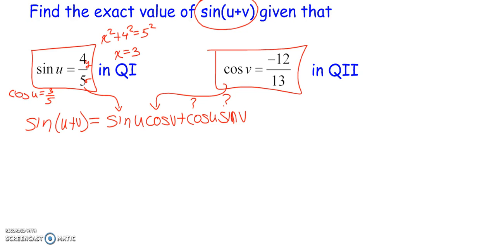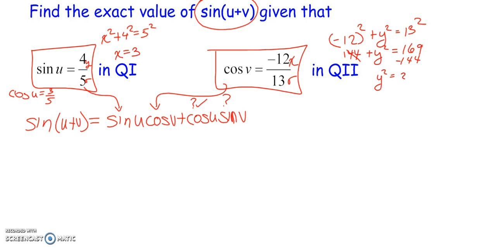All right, so now I actually know cosine u. I'll be able to substitute that in. And cosine v, well, if I know x and r, I'm going to use the same exact trick. Negative 12 squared plus y squared equals 13 squared. You may or may not know this one. All right, so you subtract the 144, get that to cancel.